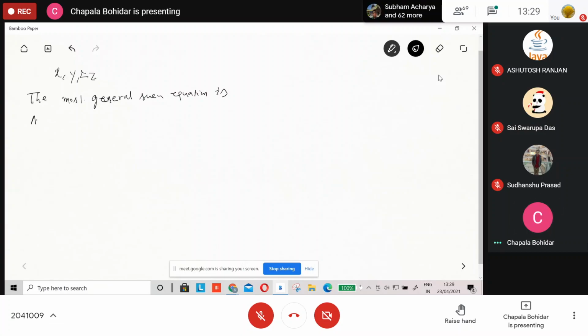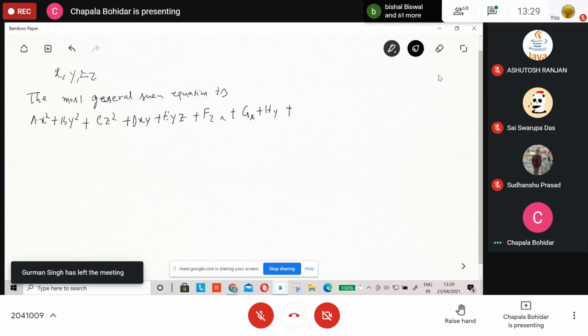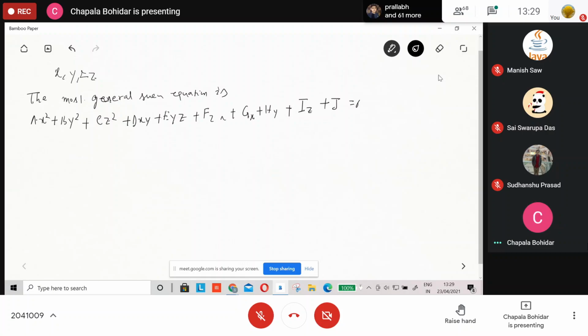ax square plus by square plus cz square plus dxy plus eyz plus fxz, that is xy, yz, then zx, plus one dimensional terms g of x plus h of y plus i of z plus j equal to 0.